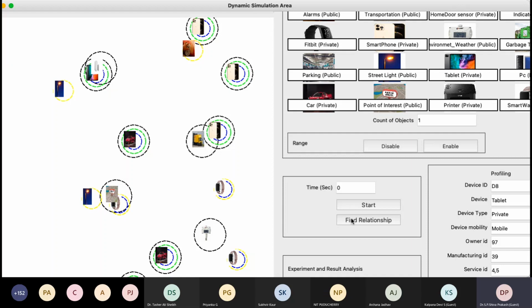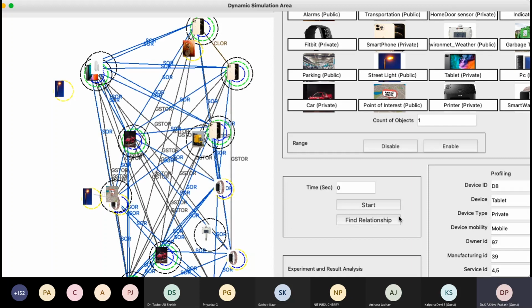Now, when I say find relationship, please observe this. The relationship between these 2 devices is SOR.